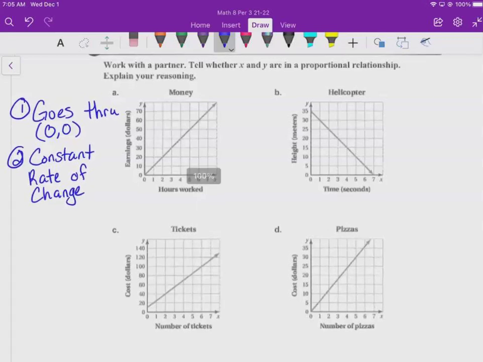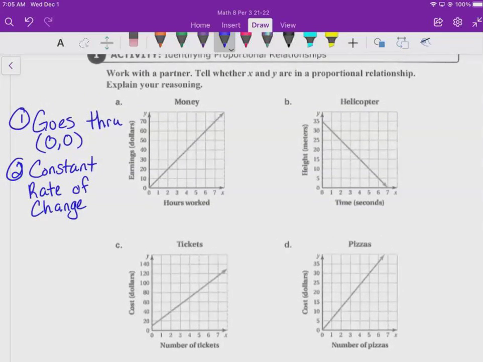So the first thing we're going to do is look at this graph and go through, and we can tell that these are coordinates that fall on this line. Okay, so we're going to make ourselves a little t-chart.